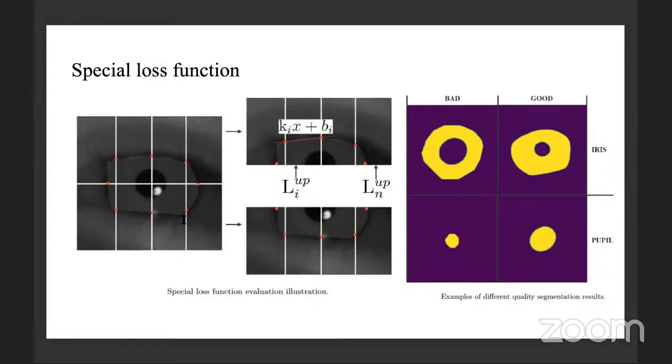We take 4 parts for each half, and we find the specific points where there is a limit of a pupil or an iris.